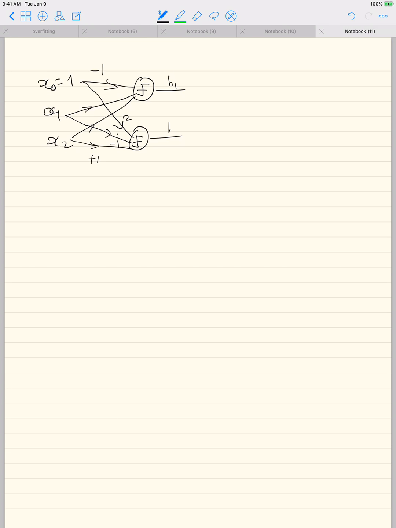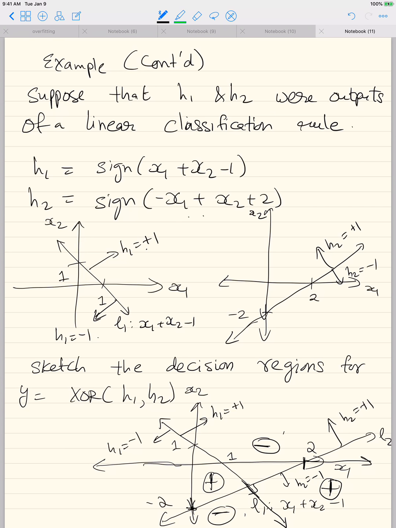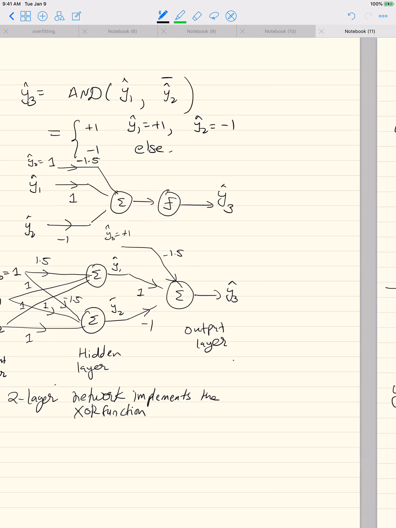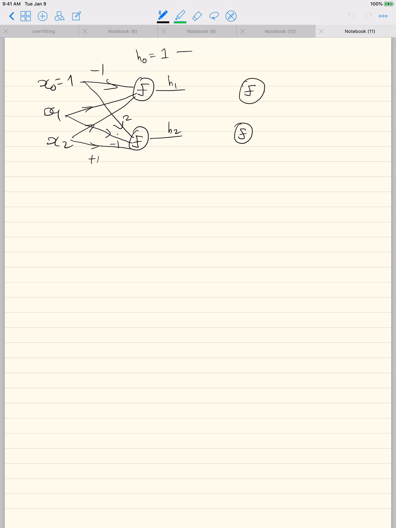I get H1 and H2 here. I add the bias term. Then I implement the XOR function. For that, I first compute the AND and OR of H1 and H2, like we did before. So I have to implement this neural network, which includes two layers. I have to compute y1 hat and y2 hat.